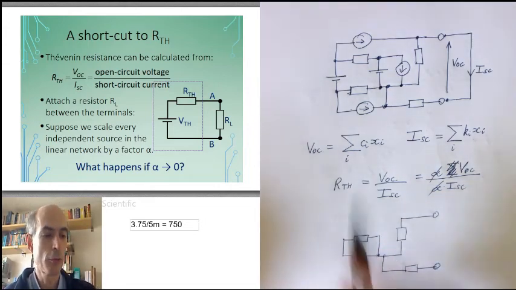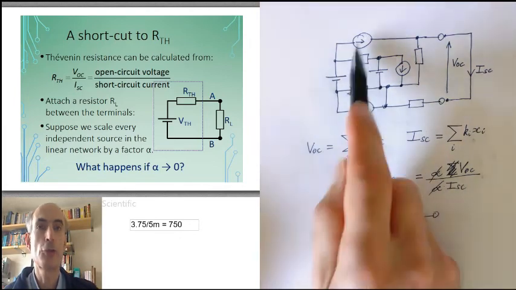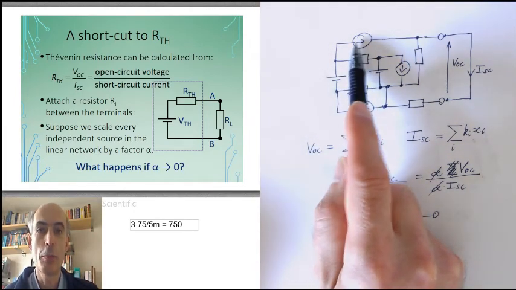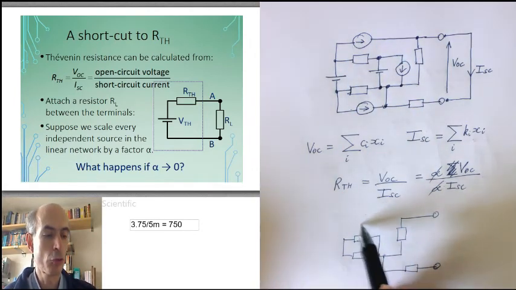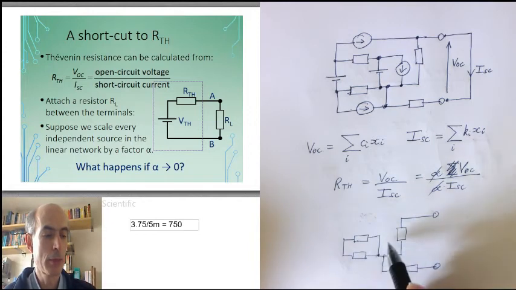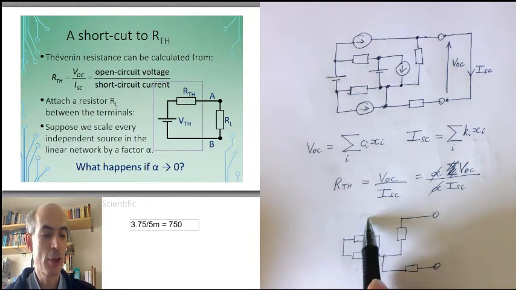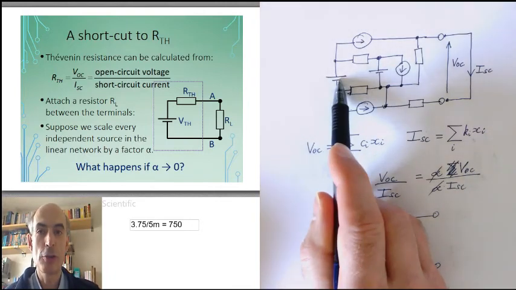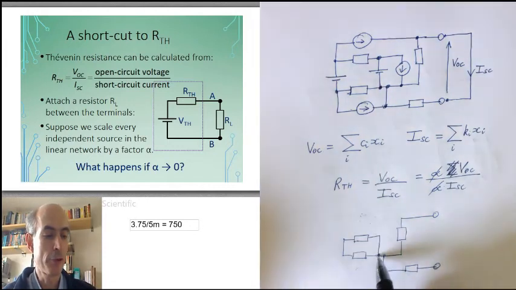I've just set all of the sources to 0. The current sources end up as just open circuits, nothing. There was one there, there was one here, there was one down there. But when they're set to 0, no current can flow through them. The voltage sources I've set to 0 and replaced with wires.